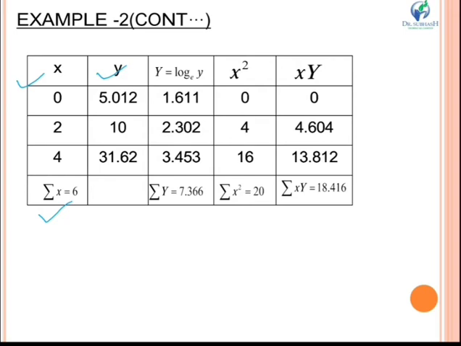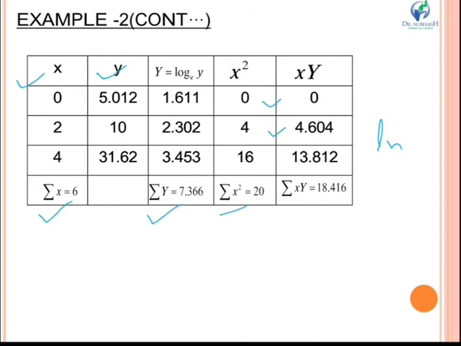Consider ln over here: ln of 10, ln of 31.62. So I get all the values of Y and I will add them. I get 7.366. Now I will find x square and its summation is 20.